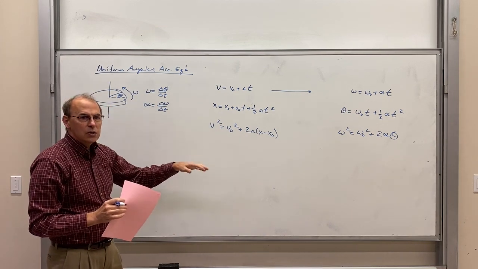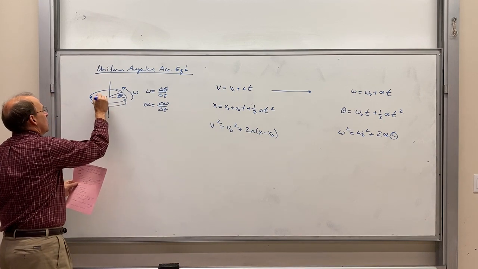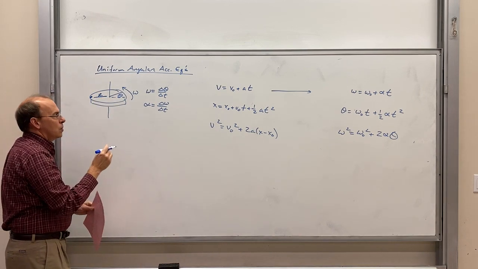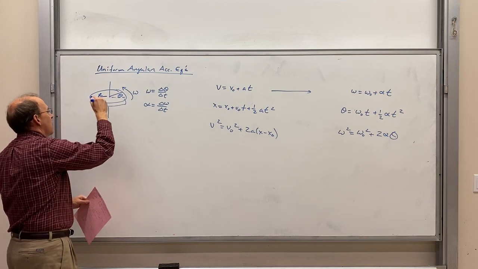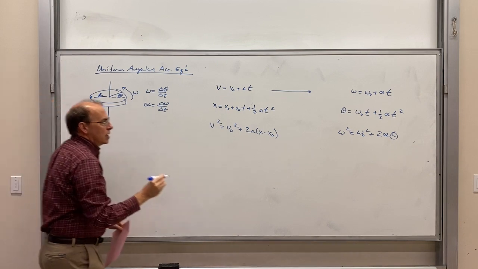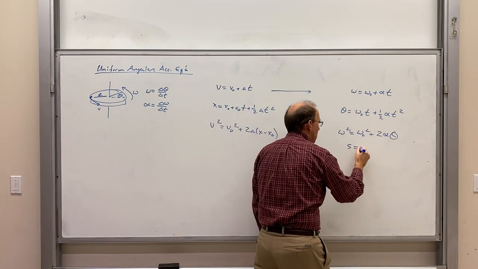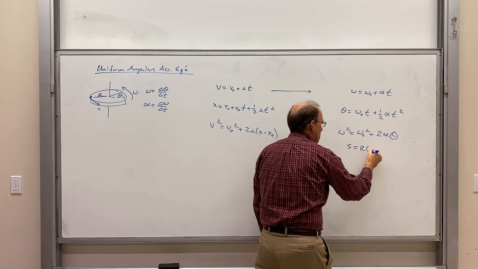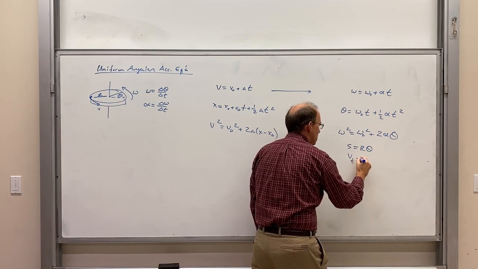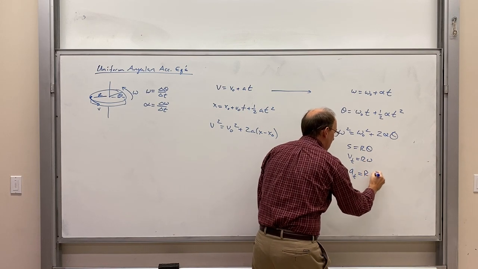Sometimes we have to relate the two. If we have, say, something out on the edge at some radius r, and we want to know when this is spinning at some omega, how fast is this going with some v, we might need to know the relationship between the two, and we know that arc length S is r theta, V tangential is r omega, and A tangential is r alpha.